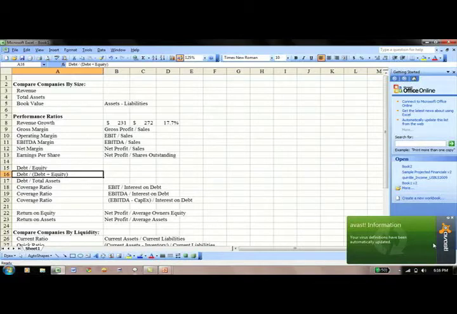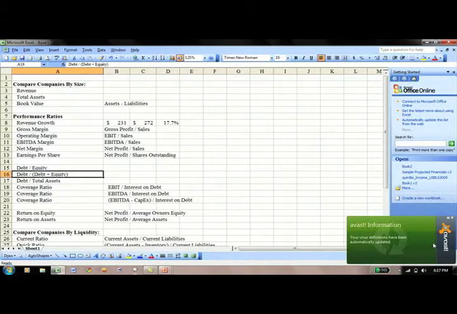Moving on. Return on equity is another way to measure a company's performance, and basically what that says is, what is the net profit divided by the average owner's equity? So if you're looking at a quarter, then it's the net profit for the quarter divided by the average owner's equity through the quarter.